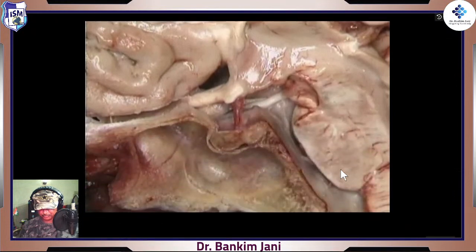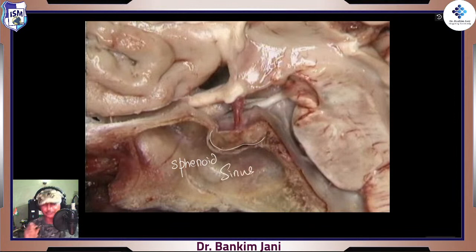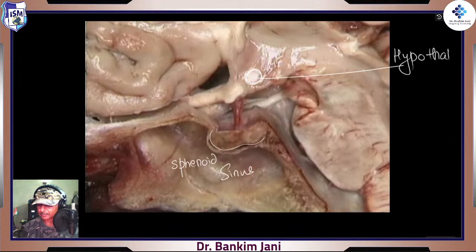And if we zoom out, what we really need to see is only one thing, and this is the pituitary. It is sitting exactly on the sphenoid sinus. And this would be the location of the hypothalamus, because this pituitary is controlled by the hypothalamus.